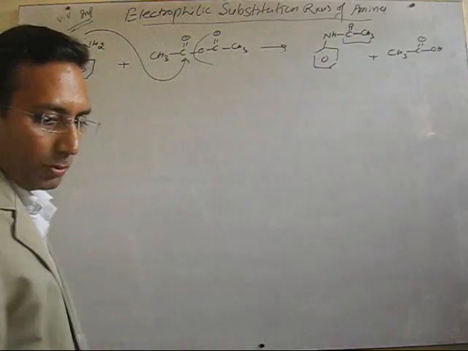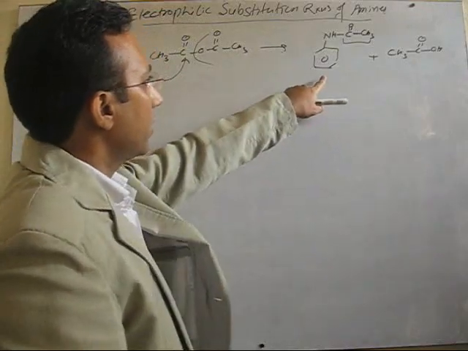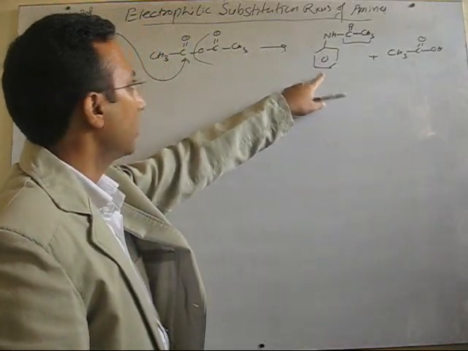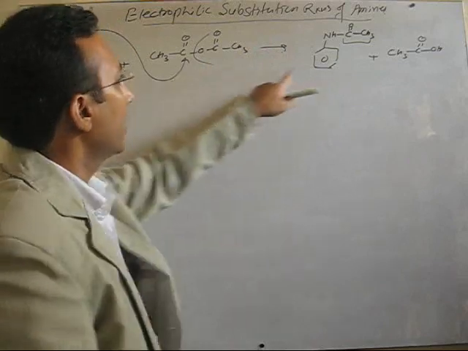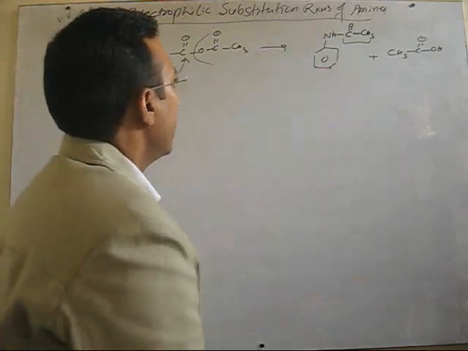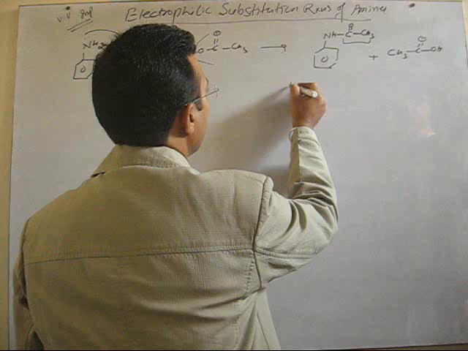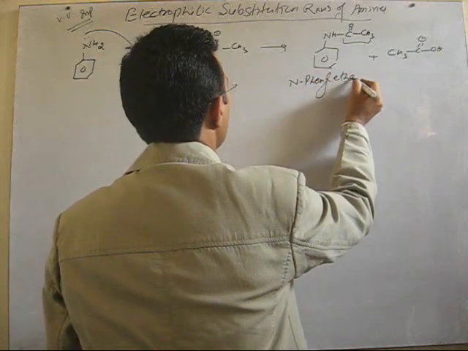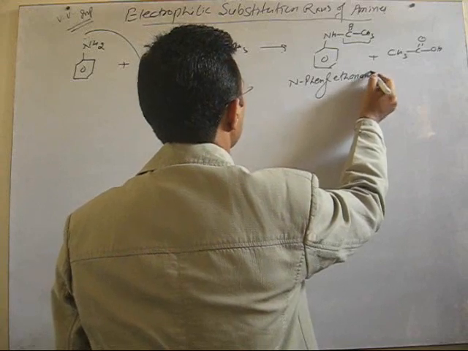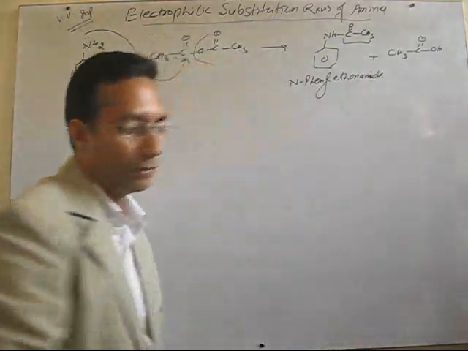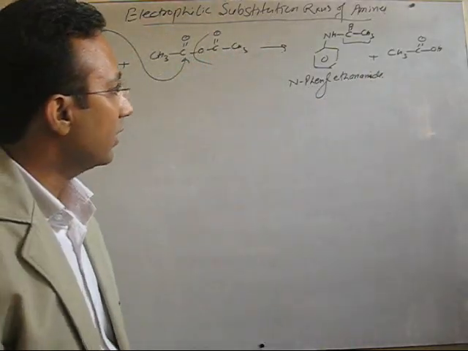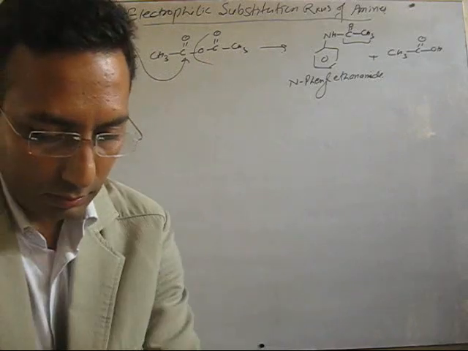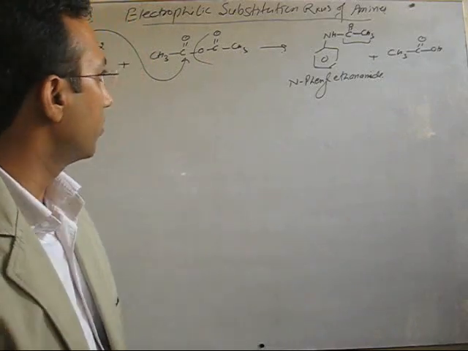Before bromination, I have made this product by introducing the acetyl group here, right? So this compound we have, this is N-phenyl ethanamide. Fine. Now let's start its bromination.